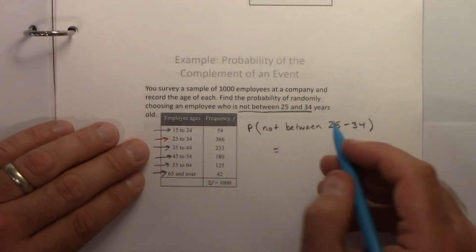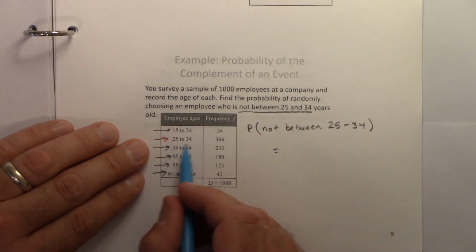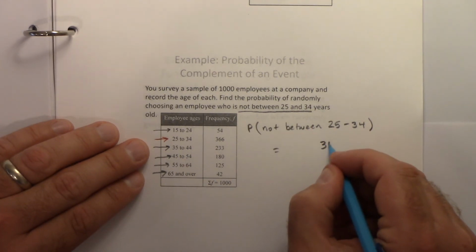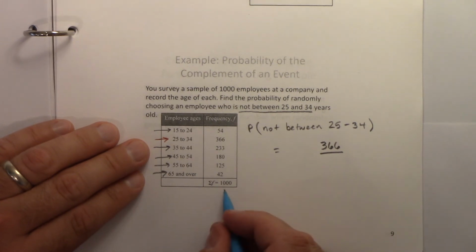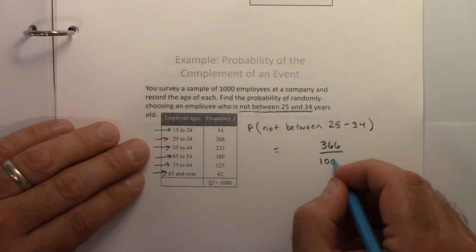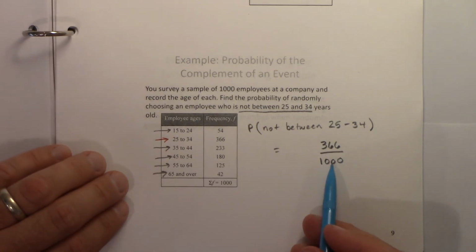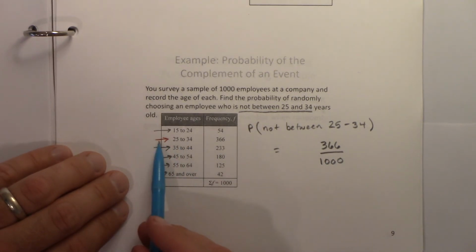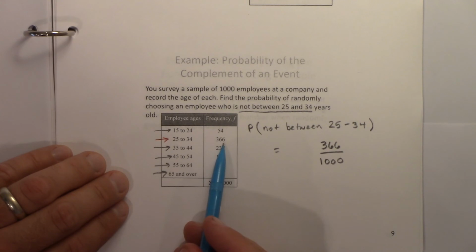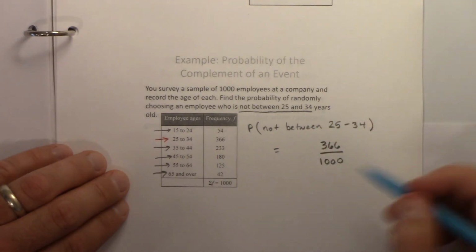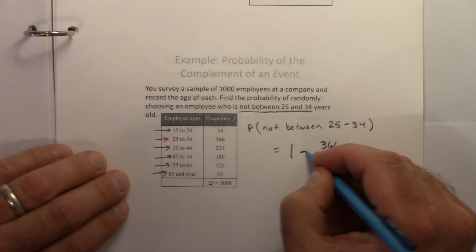In this case, notice that probability of being between 25 and 34. It's a simple probability. It's 366 out of the total 1,000. Now notice that fraction, that probability, are for the outcomes that we don't want. To find the probability for all of the outcomes that we do want, we'll simply subtract that from 1.